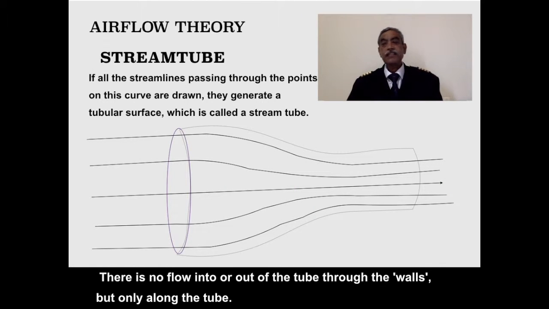Next is a very important definition, in my opinion: the stream tube. Just imagine a circle in the middle of the atmosphere, which gets extended and forms a kind of tube.